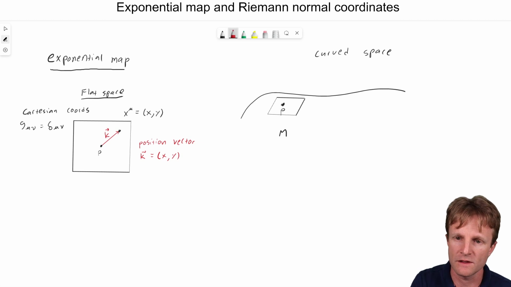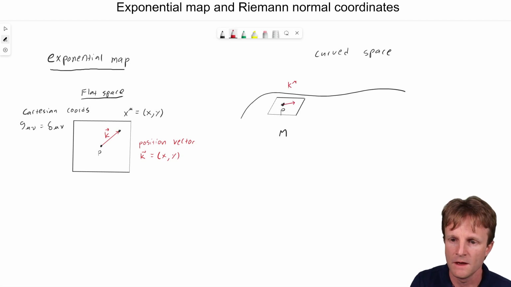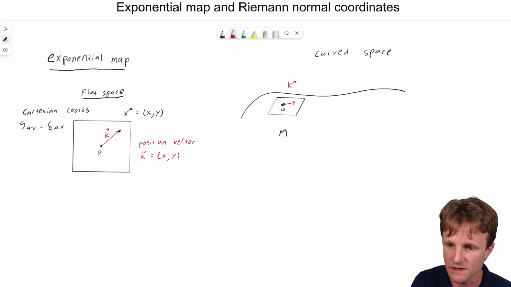And we could still imagine making a vector k in that tangent space. But the vector k no longer points to any particular point on the manifold in the same way the position vector does. However, what we can use, given that we now have the geodesic equation, is that the point P and the vector k uniquely determine a geodesic curve, which then goes out along the manifold.